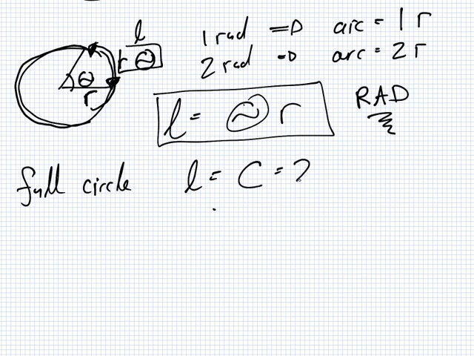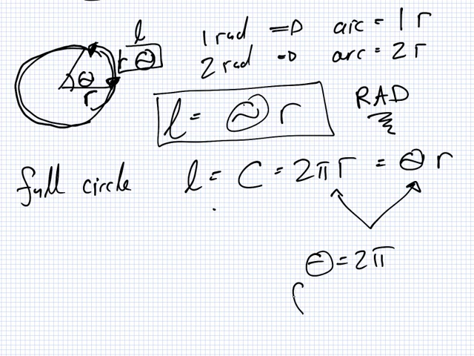It's equal to 2 pi r. But we also know this is equal to theta r. So by looking at these two, we can get theta is 2 pi. And this is for a full circle. Which is what I said earlier, that for a full circle we have roughly 6.28 radians.